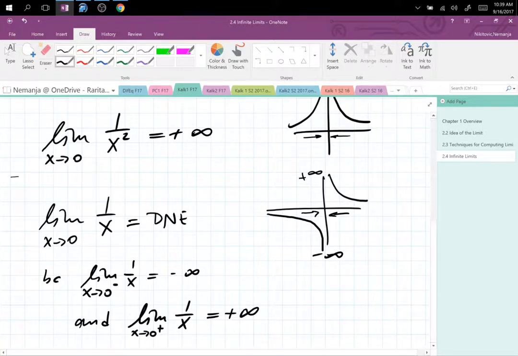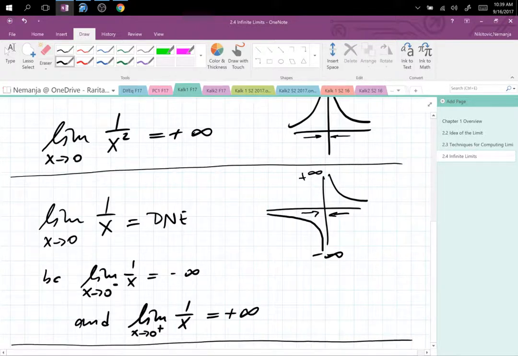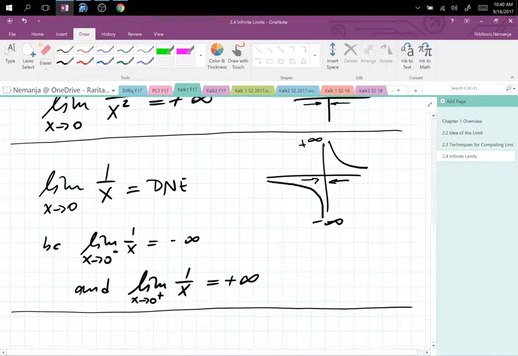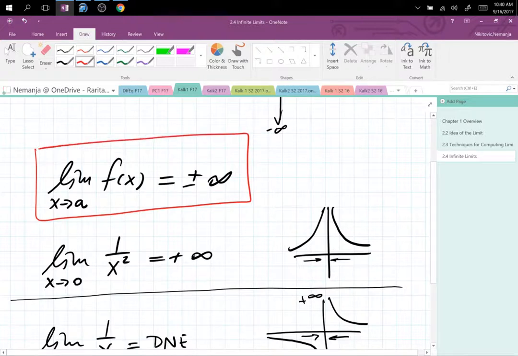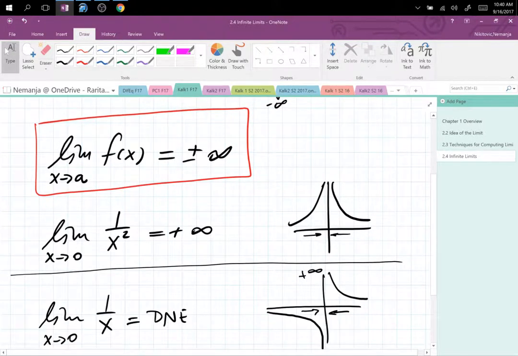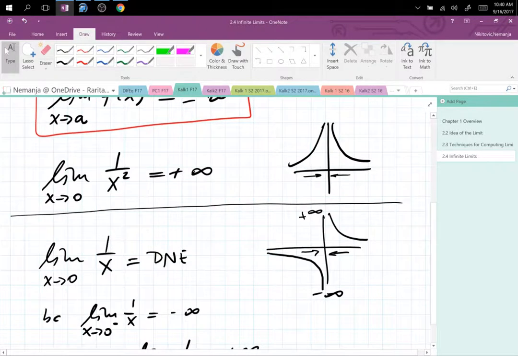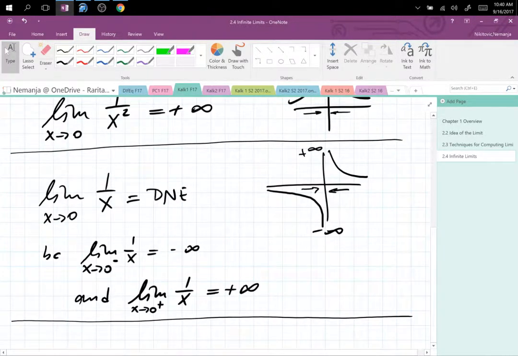So all of these examples are what we call infinite limits. Essentially we are looking for a situation where the answer is positive infinity, negative infinity, or one-sided limits give us positive or negative infinity. The overall limit might give us does not exist, as we can see in this case here.